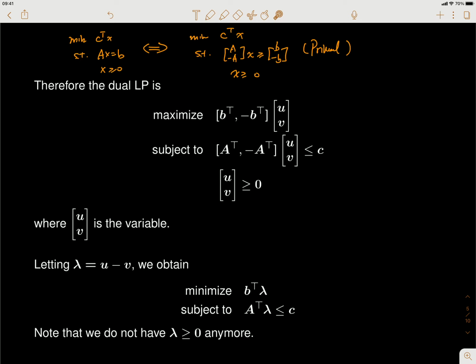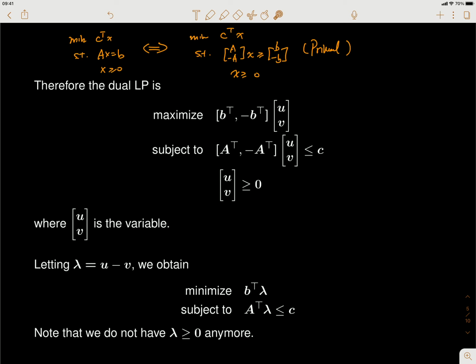If this is my primal problem, then for the dual problem we're going to introduce the dual variable lambda. But right now I call it u and v, as there are two parts to the variable. So together this is the dual variable.